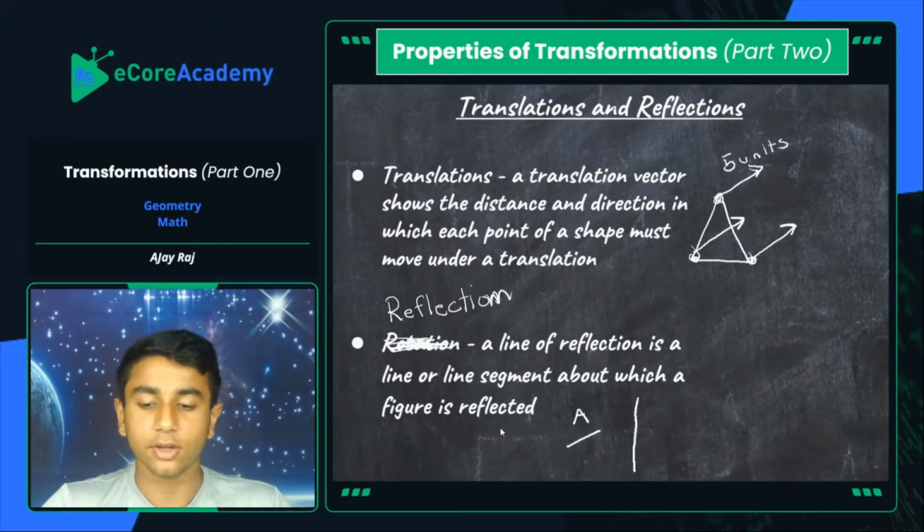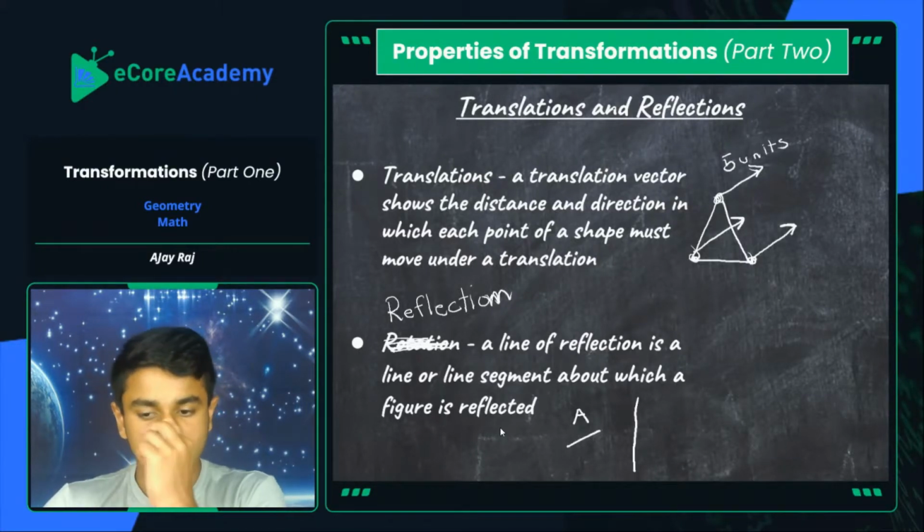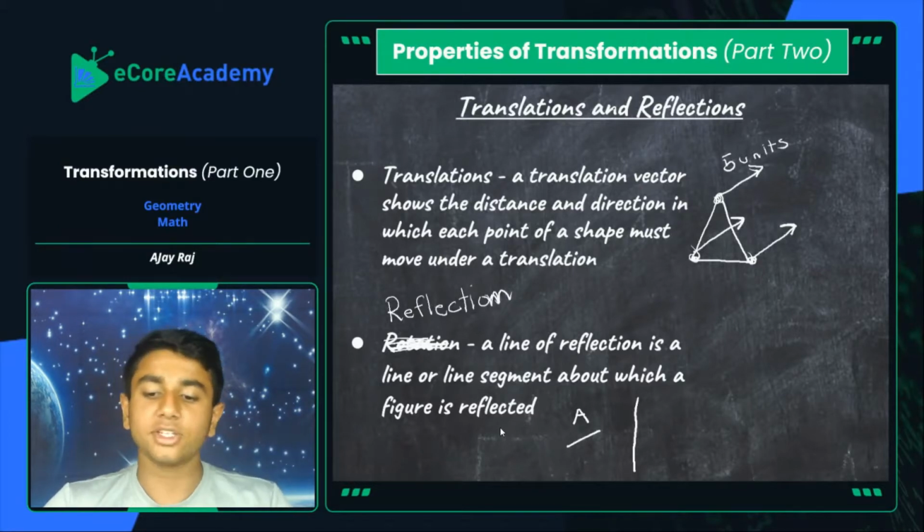to be reflected across. So if we see how many units line A is from this endpoint right here to this endpoint right here, and all the relationships from the distance here, everything is just going to be the complete opposite distance on the other side to get the reflection.